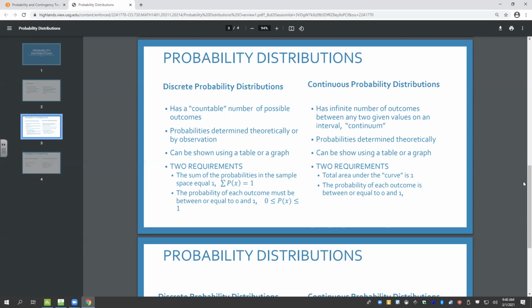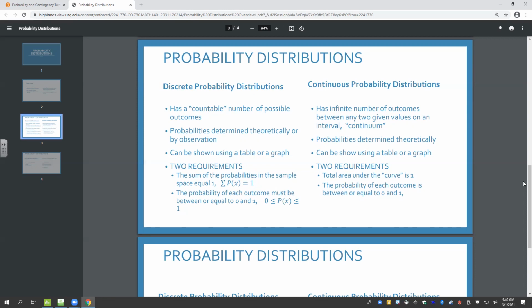If we're talking about doing something with a standard deck of cards, there's 52 cards in the deck, so there are 52 possible things that can happen. So a discrete probability distribution has a countable number of outcomes. And again, typically those are, remember, whole numbers. 2, 6, 52.